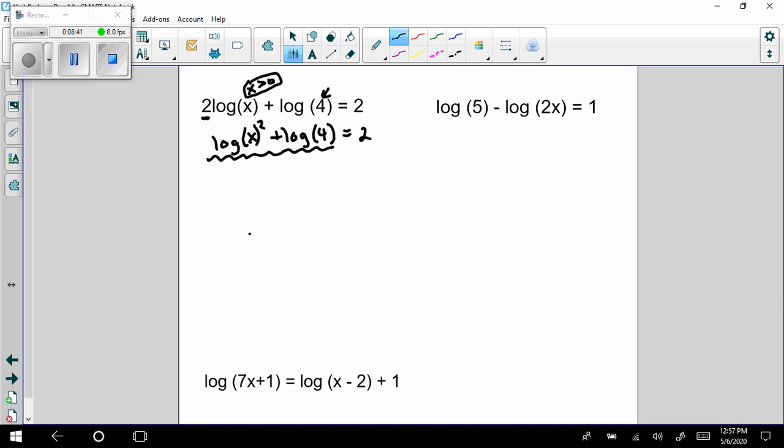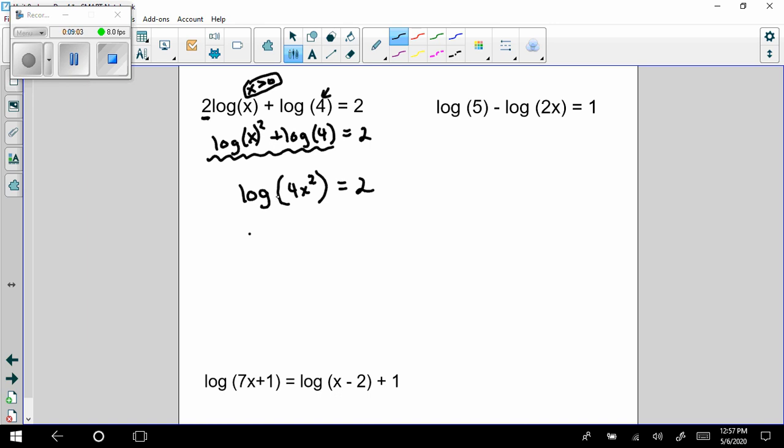So since it's addition, I'm going to be multiplying my 2 arguments. So I have log of x squared times 4, which is 4x squared, equals 2. So I multiplied my 4 and my x squared.